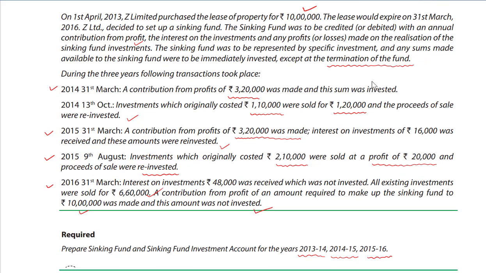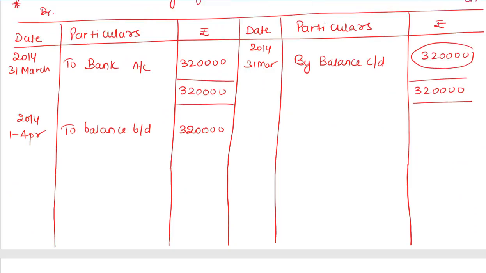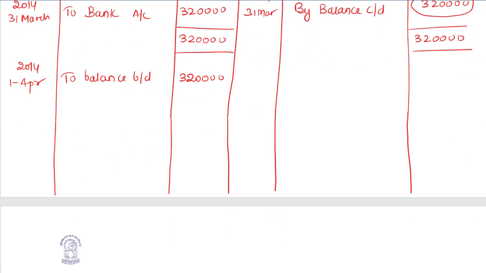The second year, there is a profit on sale of investment, that is of 10,000. So we need to record that, and it is sold at 1,20,000. The investment is sold for 1,20,000.